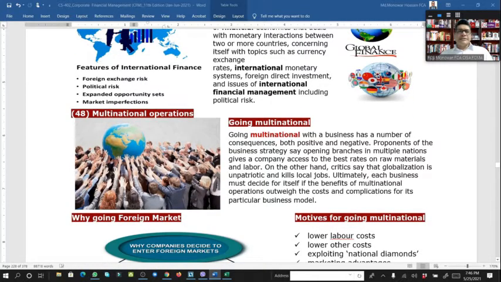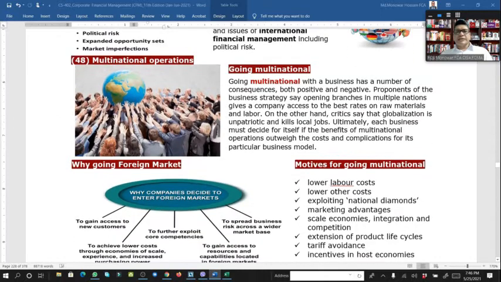So why are we fearing political risks? Because if anyone invests in another country, that is going multinational also. For example, if we take a license for internet service providing in another country and invest a huge amount, and then there is political unrest or a government change, and a new government cancels the license, then the investment would be a bad investment.